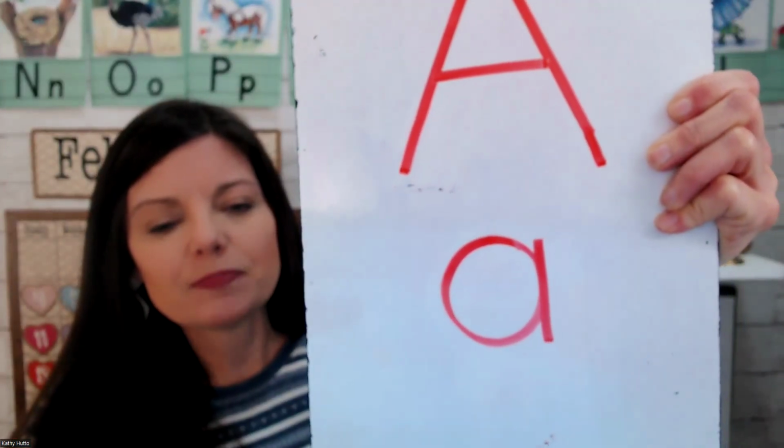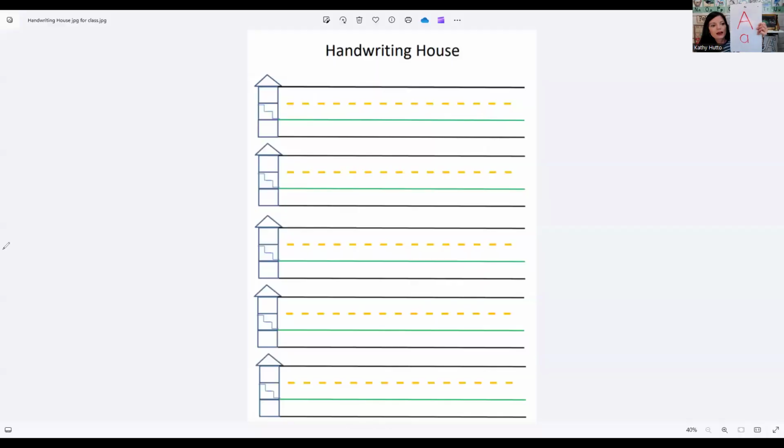Let's practice. Make a circle and a line. Lowercase a goes downstairs if you're using handwriting paper.